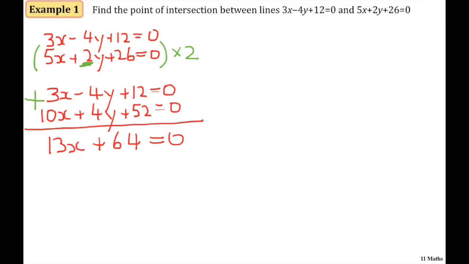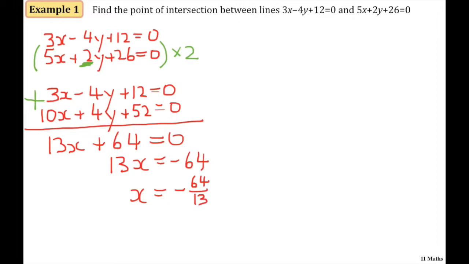So now I just tidy that up by subtracting 64 from both sides. Divide both sides by 13. Now how many times does 13 go into 64? Well, it doesn't look like it's going to go nicely. So x equals minus 64 over 13.